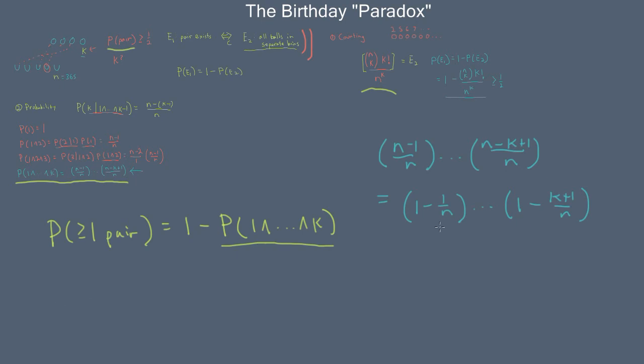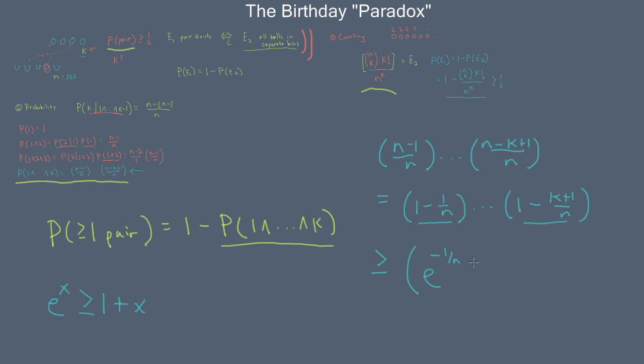So now we're going to derive a bound for these terms from the Taylor series for the exponential function. The first two terms of the Taylor series of the exponential function are 1 plus x, which you'll note is what these terms are, the same form as these terms. So e to the x is greater than this expression. So we're going to find an upper bound for this term in the form of the exponential expression.